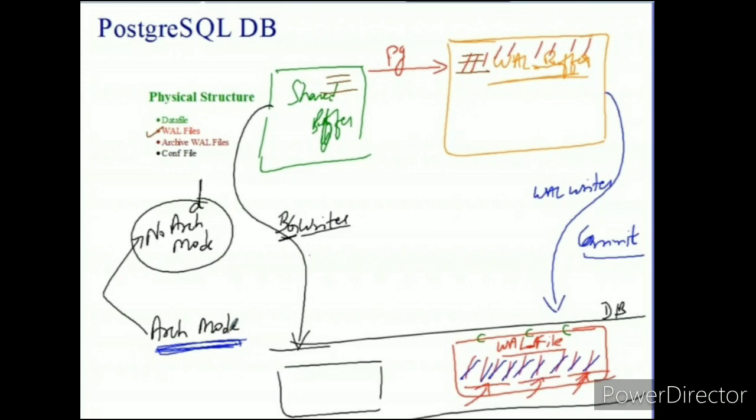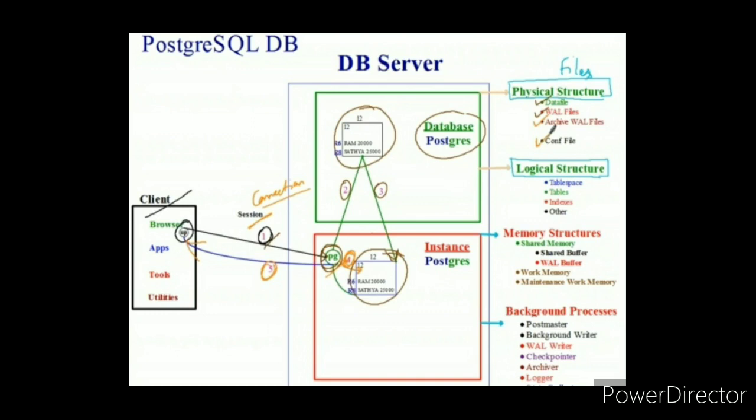Its main purpose is recovery. And archived WAL files are maintained, which is the copy of the WAL files. It will store the transactional information and its main purpose is replication.